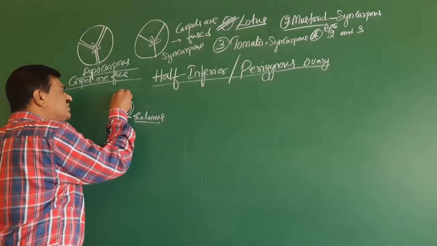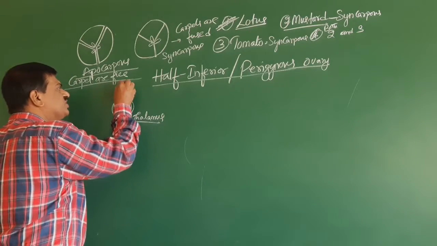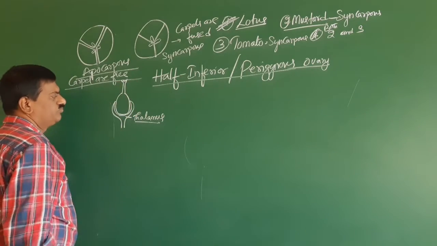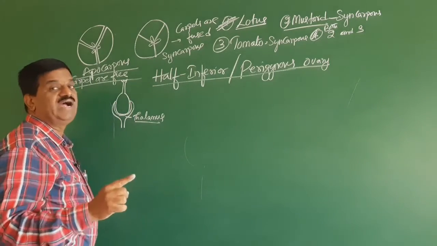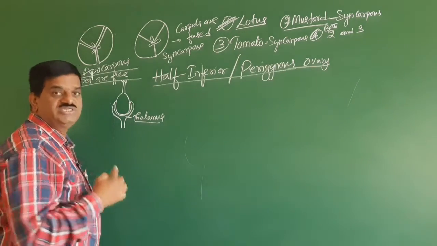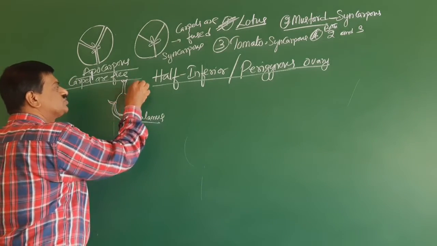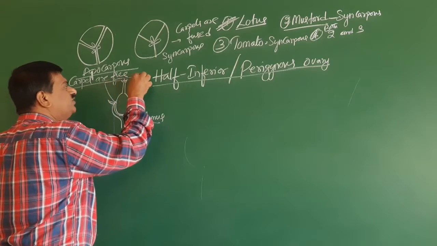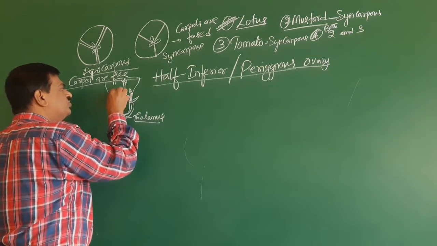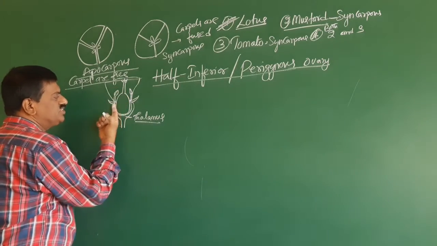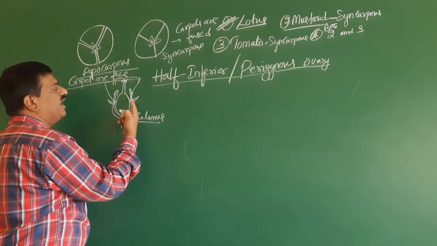In this, there is the ovary, which gives rise to a style and stigma. At the center of the ovary, all the other floral parts take their origin, for example sepals, petals, and stamens.